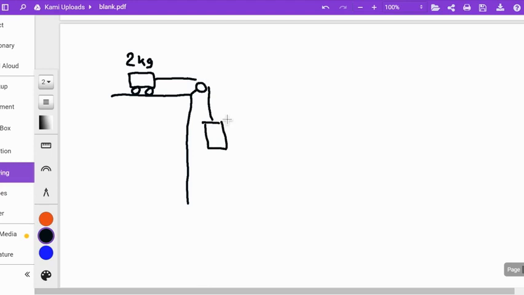And the mass over here is going to be, let's say, 1 kg. And then let's say that that 1 kg mass is going to fall to the floor, and let's just say that it's going to fall vertically by maybe 3/4 of a meter.